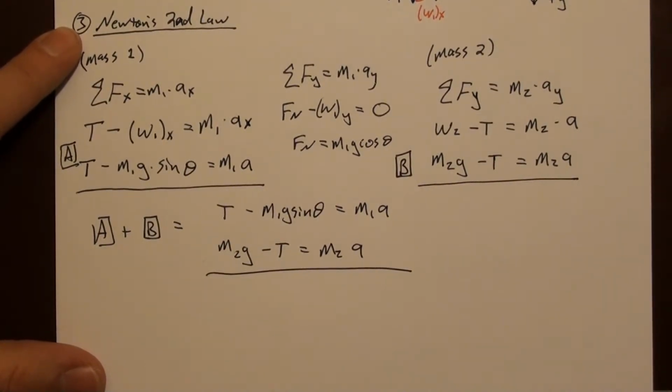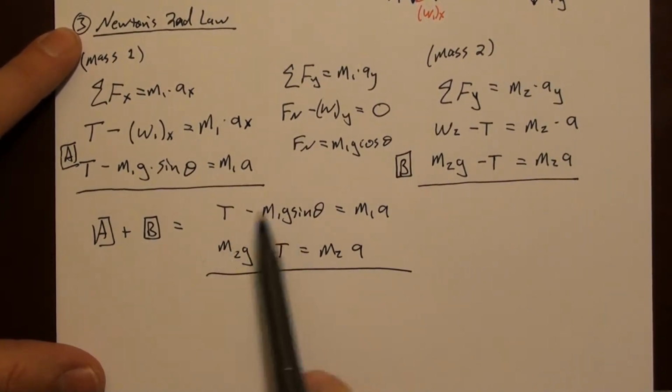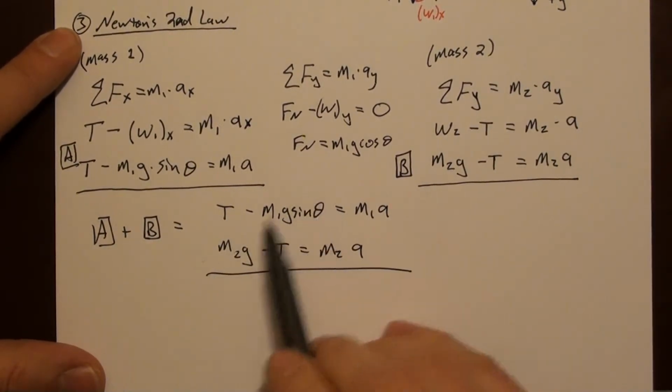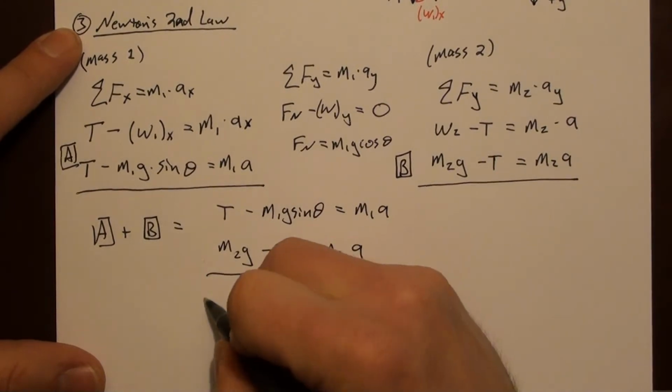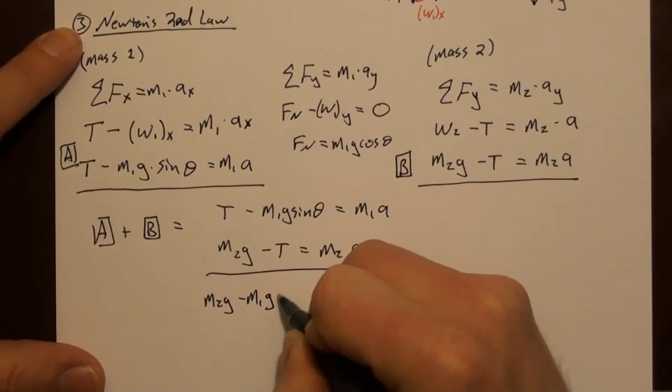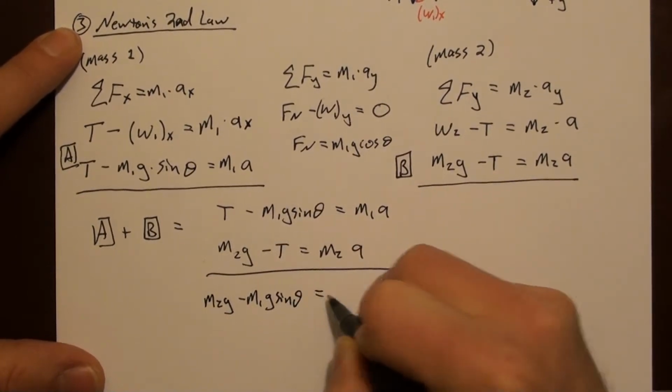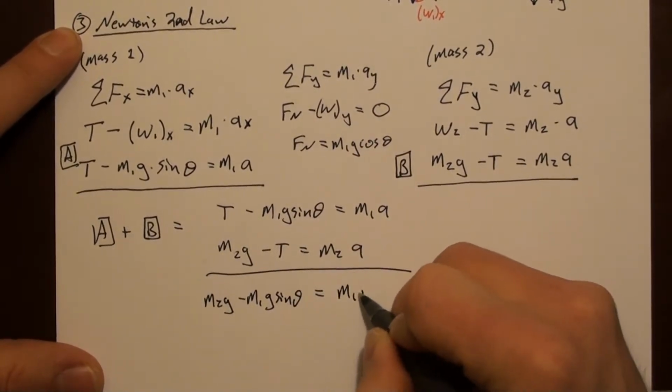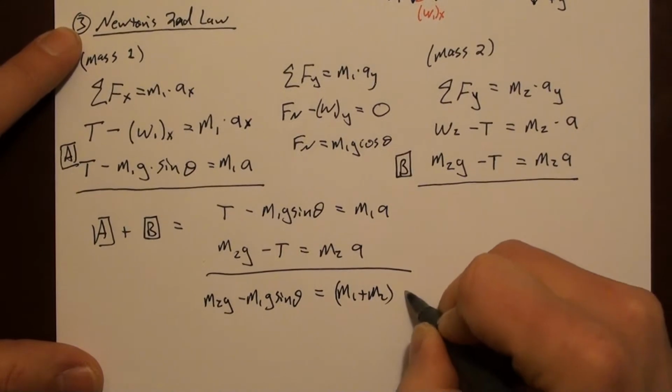Right, so now I can add these two. On the left-hand side of the equal sign, the T's go away. That's why I did this. And the right, what's left over here is m2g minus m1g sine theta equals m1 plus m2 times a.